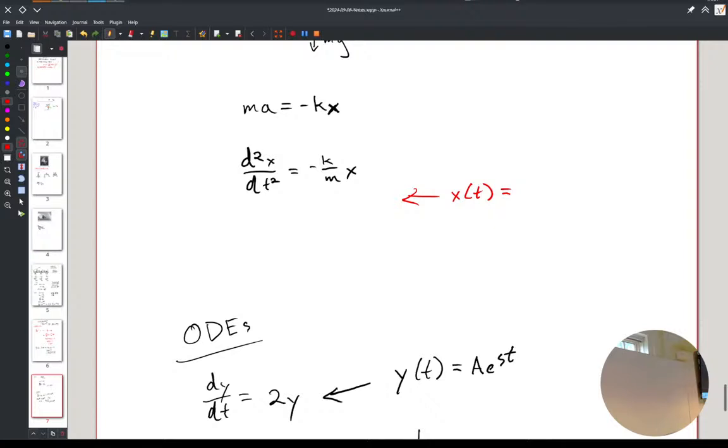One way to do it is, we know the only way to get a derivative equal to itself is e to the something, and then s would end up being some kind of complex number. Yeah. A cosine st. Yep, we could try a cosine st like that.